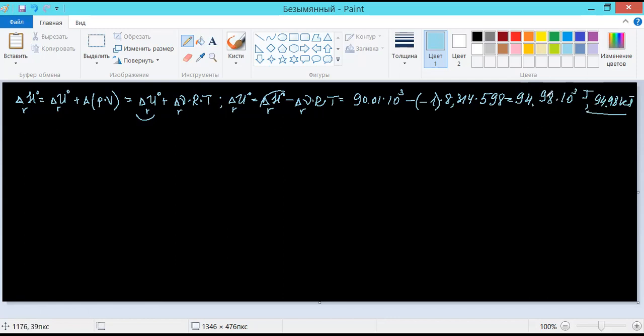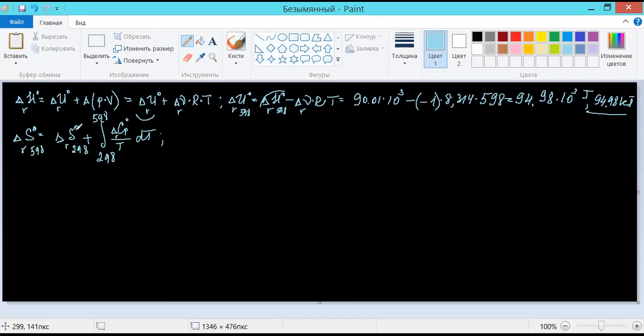Now, the change in entropy. At temperature 598, we can also write it here: delta S of the reaction over T times dT.